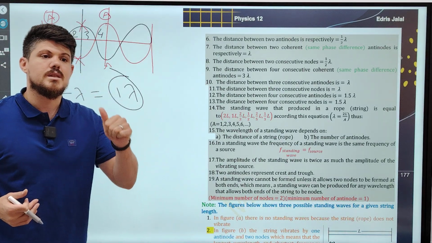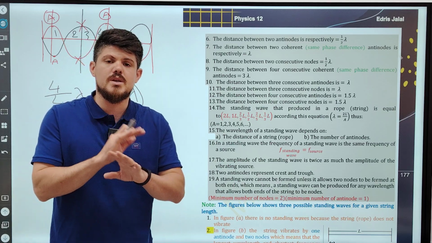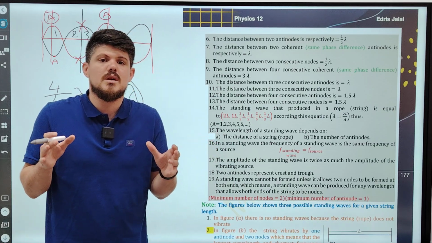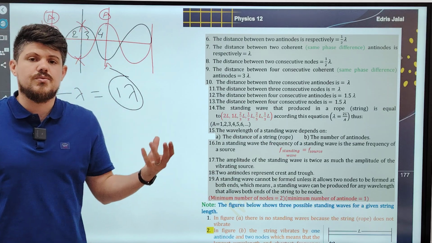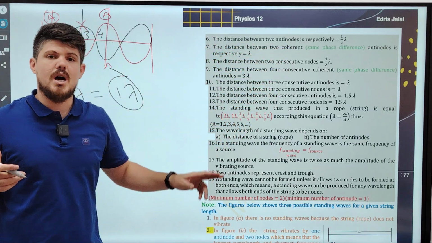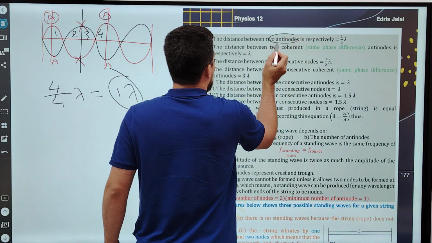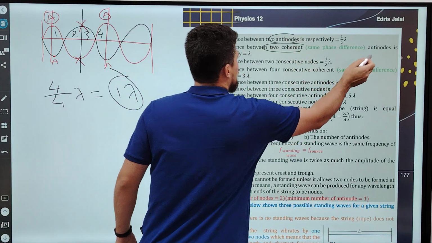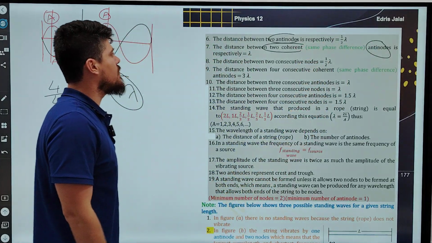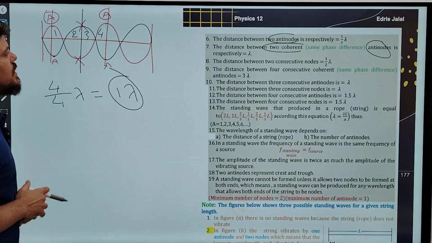But if the question does not mention the same phase difference, in this case, the distance between two antinodes respectively is equal to half wavelength. What is the difference between these two? In coherent antinodes, you have to skip the second one and count these two antinodes, okay?